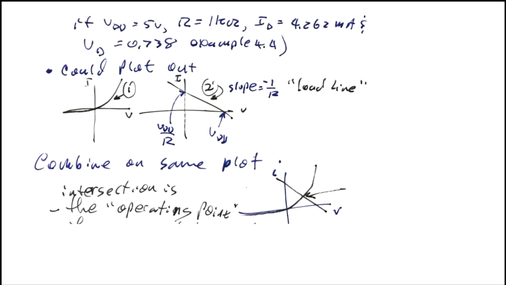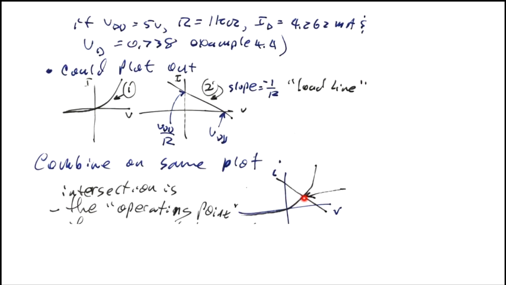If you know the resistance and the voltage applied, you could draw a line that represents what's happening in the resistor, with an intersection at VDD over R and another at VDD, and the slope of this line would be 1 over R. This line is called a load line.